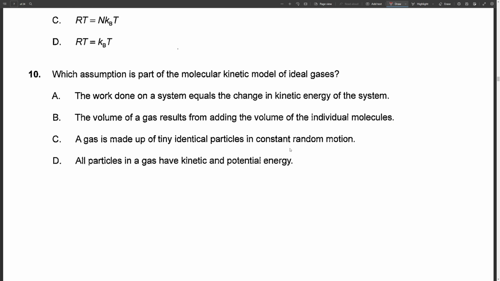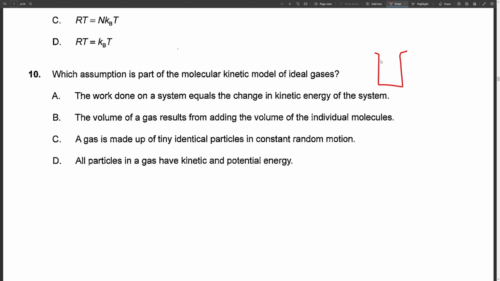In question 10, we're going to identify the correct assumption of the molecular kinetic model of ideal gas. Option A suggests that the work done on a system is equal to the change in kinetic energy of the system. How do we change the kinetic energy of a system? There are two ways to do so. Firstly, just like the question suggests, you can apply work done to the system.